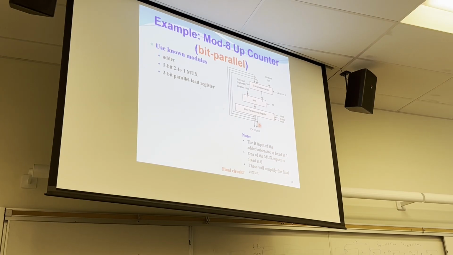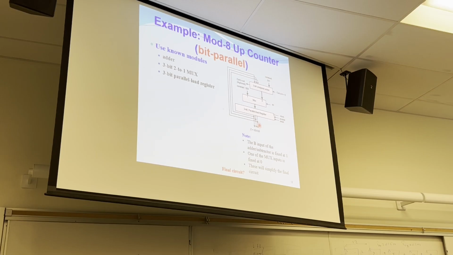So it is a finite state machine. We just didn't design it using a finite state diagram. And you can build it as an 8-bit, 16-bit, 32-bit counter. The adder has to be 8-bit or 16-bit, and then you need 16 flip-flops to build the register.